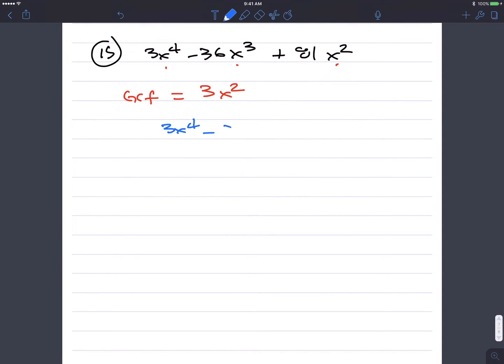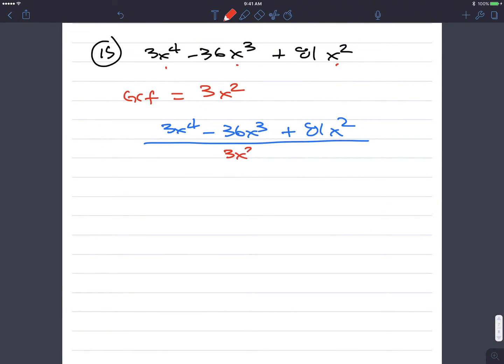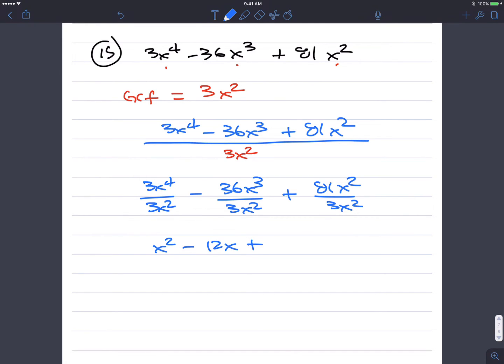3x to the 4th minus 36x cubed plus 81x squared, divide by the GCF of 3x squared. So 3x to the 4th over 3x squared minus 36x cubed over 3x squared plus 81x squared over 3x squared. Let's get the quotient. X squared minus 12x plus, what do we get?